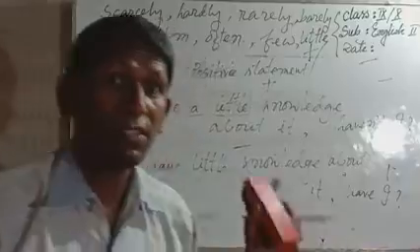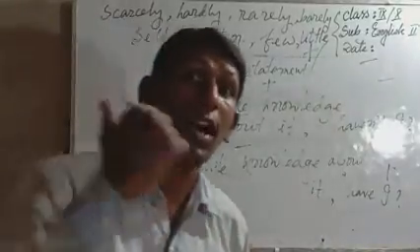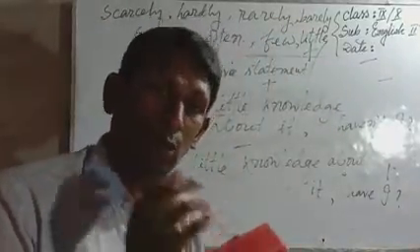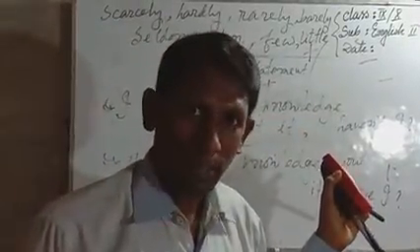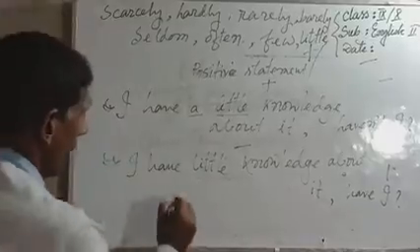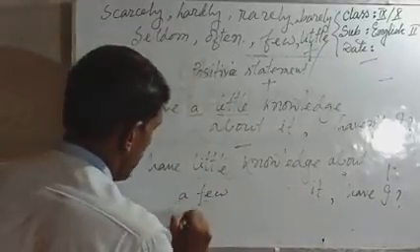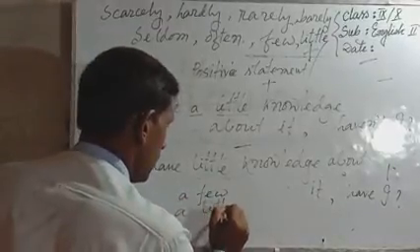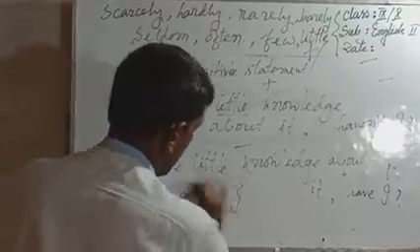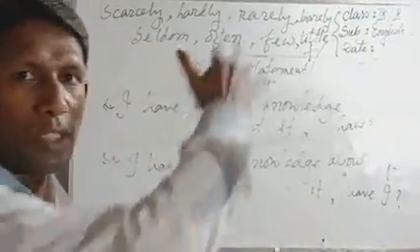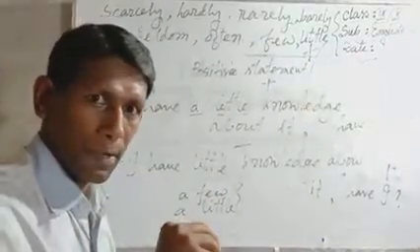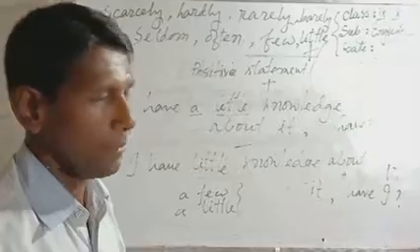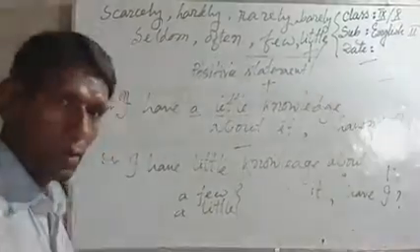But if the sentence has a little and a few, we think it will take a negative tag question. So only a few and a little are positive, otherwise all those are negative. We will use that in our exam paper.